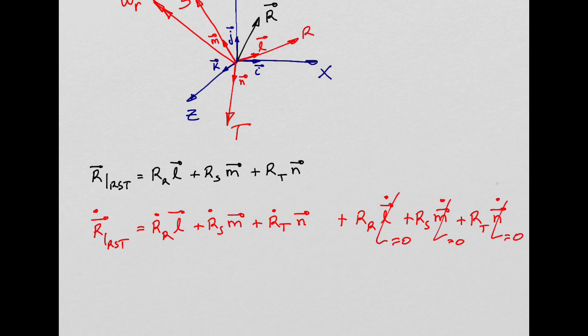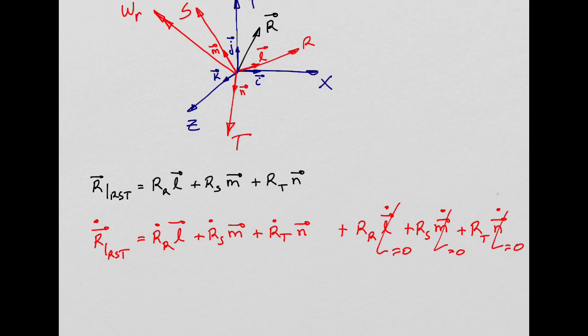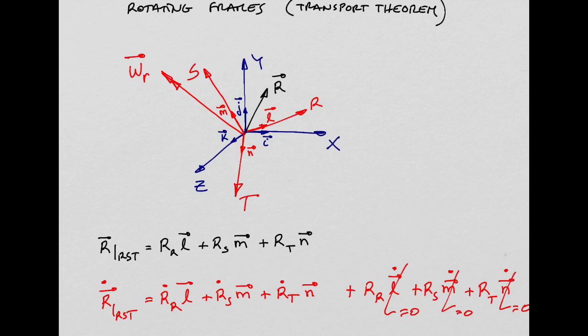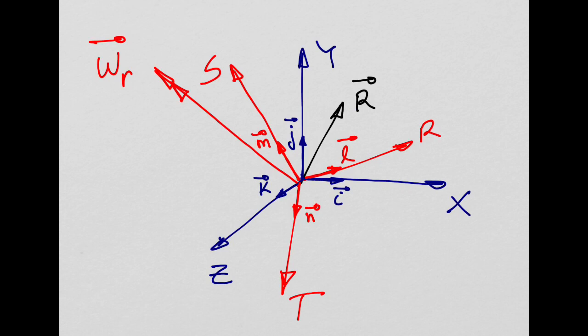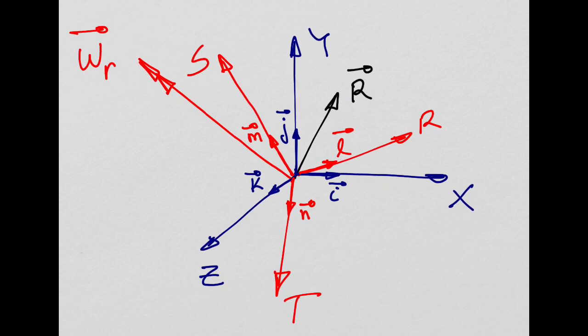And why is that? That is difficult to understand, so I'm trying to go very slowly. Maybe I can copy this frame to a new slide so I can make it bigger.